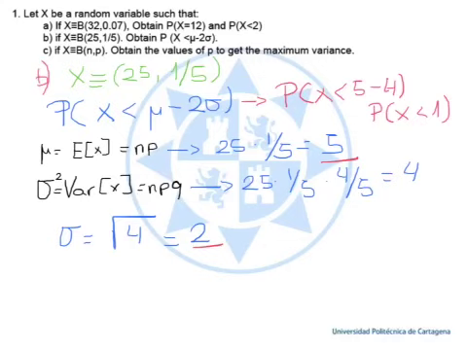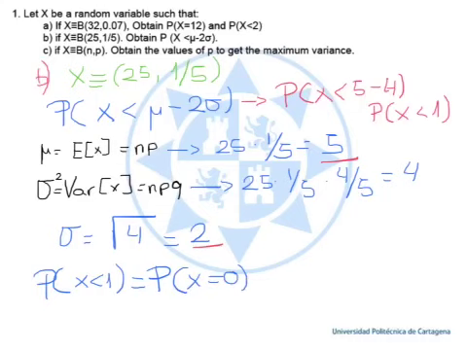That's it. The probability that X is smaller than 1 is equal to the probability that X is equal to 0. So using the same procedure as before, this is equal to 25 over 0 times 4 divided by 5 raised to the power of 25.